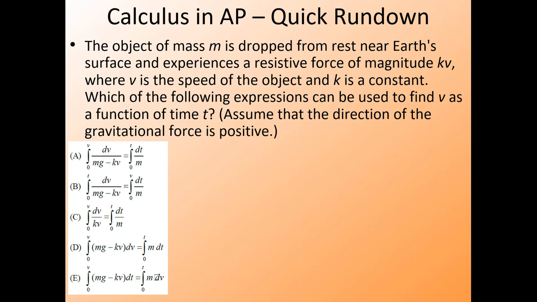If I took the integral of this with respect to velocity, there would be no time for me to plug in. So B actually can't be an answer. I can also cross out E for a very similar reason: 0 to V, but it's with respect to time, 0 to T with respect to V. That doesn't make sense.